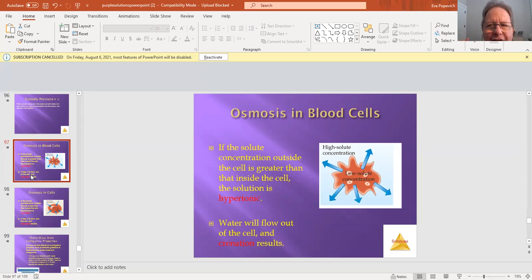If that's the case, then the water from all your cells is going out to try and dilute the ocean water. So this is why you do not want to drink ocean water. Does that make sense, guys?